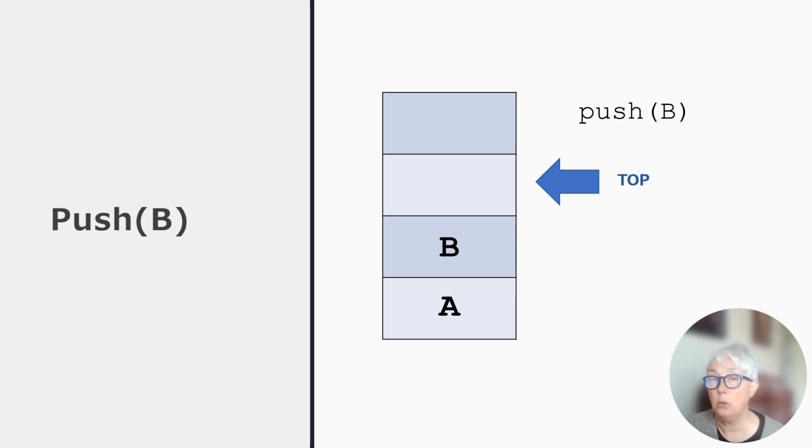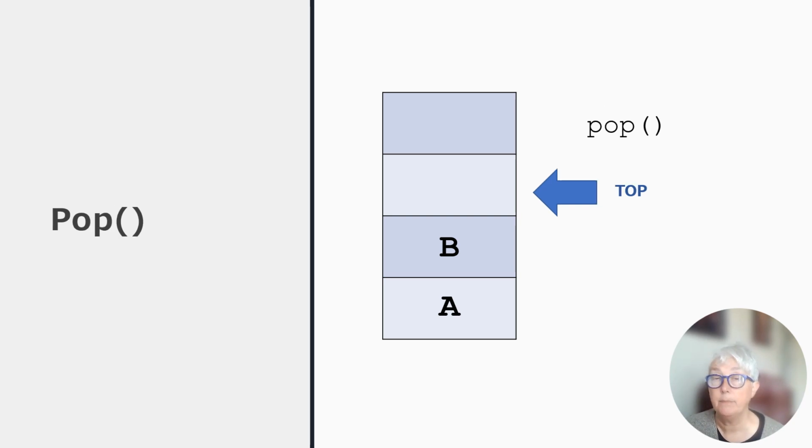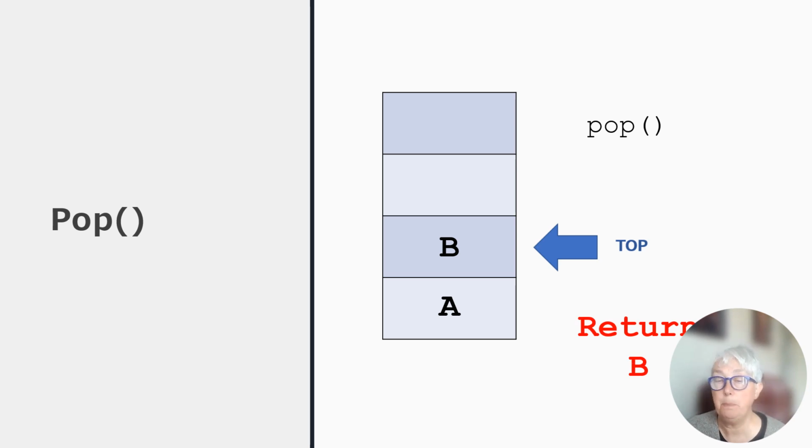Let's see how pop works now. So our next command is to pop from the stack. Remember, pop returns a value. The top moves down by 1, and the value B is returned from the pop function. I've wiped B off my picture.